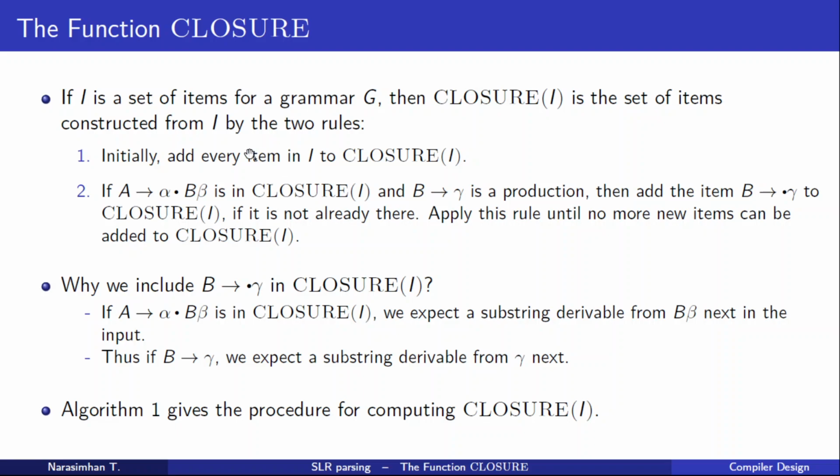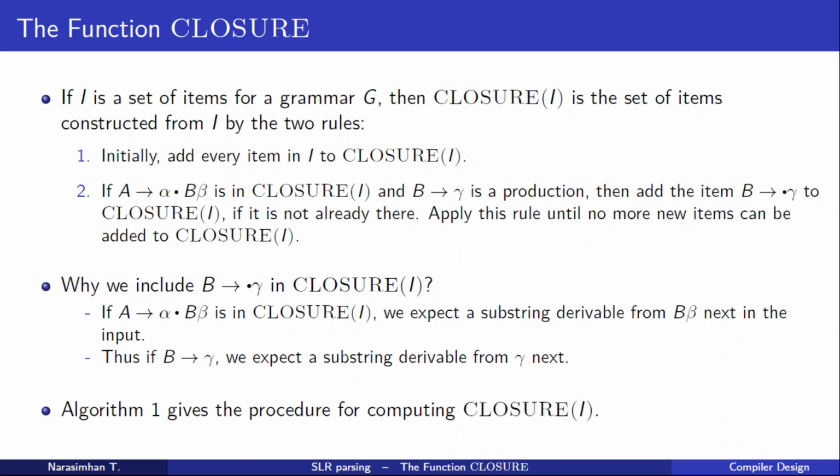That is, you should add every item in I to closure of I. Now the second rule goes like this. If A gives alpha dot B beta is in closure of I and B gives gamma is a production, then you need to add the item B gives dot gamma to the closure set if it is not already there.